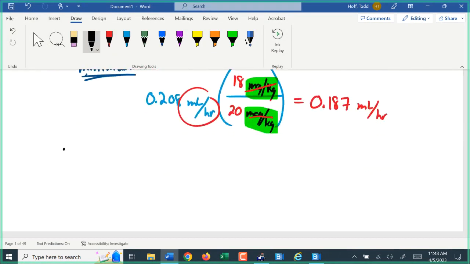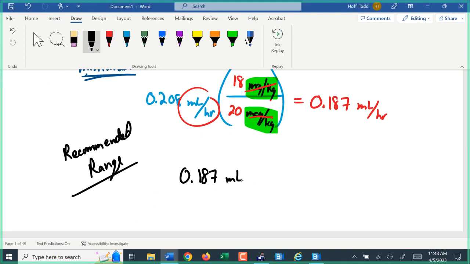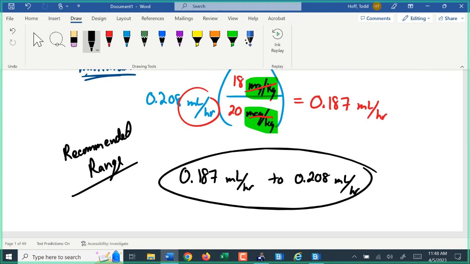So what that is giving us is a recommended range of 0.187 milliliters per hour to 0.208 milliliters per hour. So as long as we're somewhere in that range, this is a safe dose, or it's within the recommendations, I should say, for that medication for this patient.